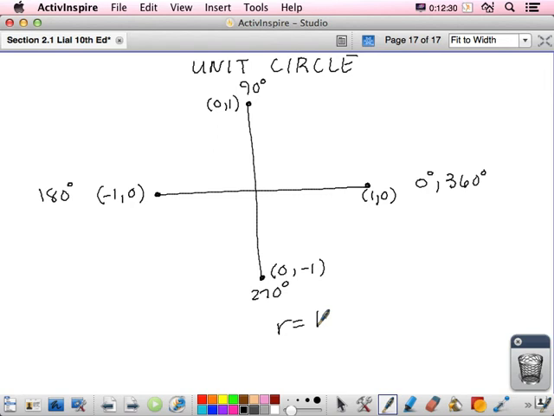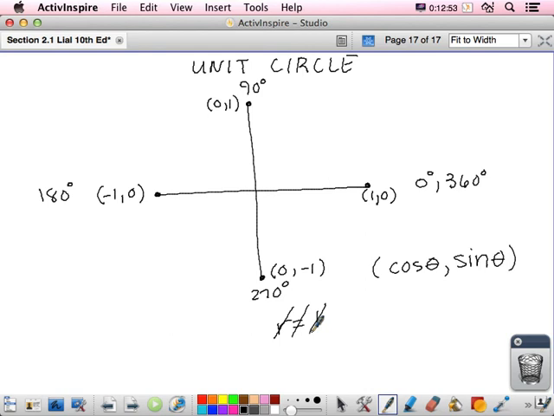So the cosine of 180 is -1. That's the nice thing about all of these: you're stacking them over R, so the X value of these points is acting as the cosine value, and the Y value is acting as the sine. In fact, R sort of becomes unimportant because it's a 1.